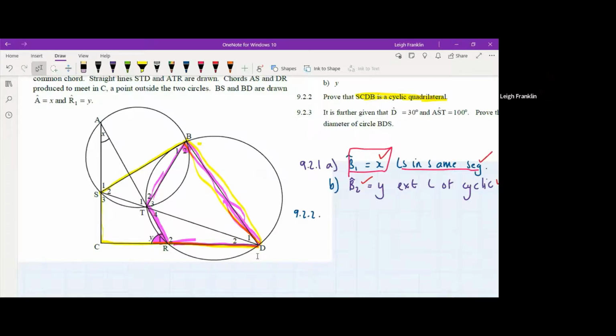Either we can use converse exterior angle of cyclic quad, or we can use something about the opposite angles being supplementary, but we don't really know anything about any angles here. Or we can do converse angles in the same segment. In this particular case, is there a bow tie inside that we can work with? Let's get rid of the purple lines for now.